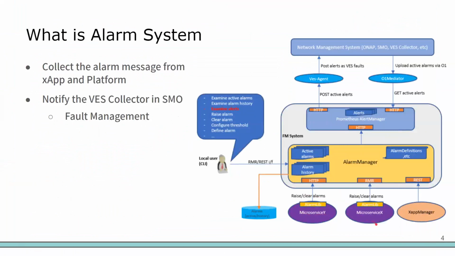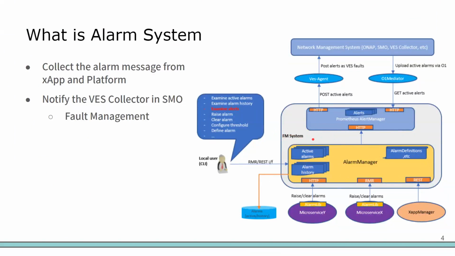The functional block you show us, the alarm manager, is inside the FM system, right? Yes, this block is FM, fault management. Fault management is part of the function of SMO.